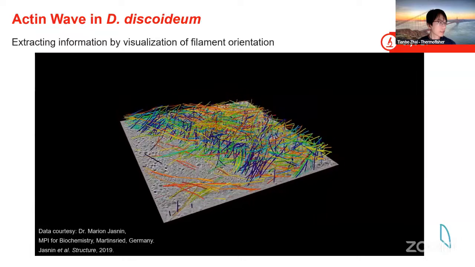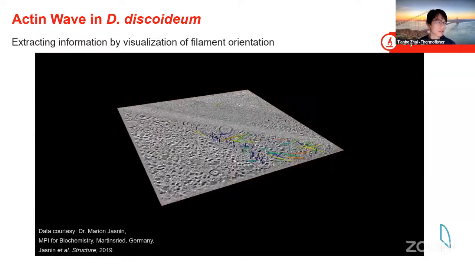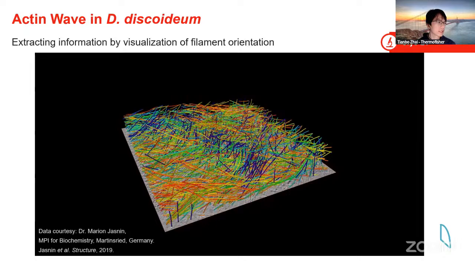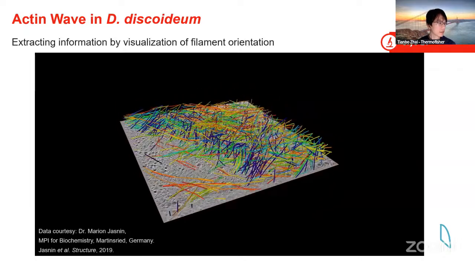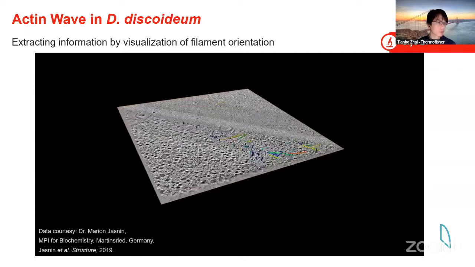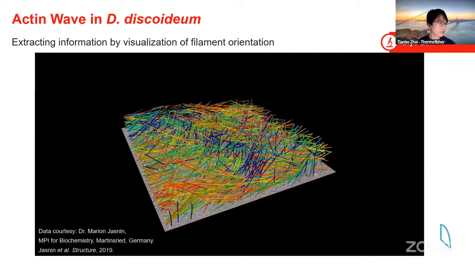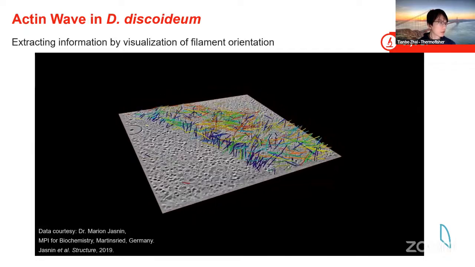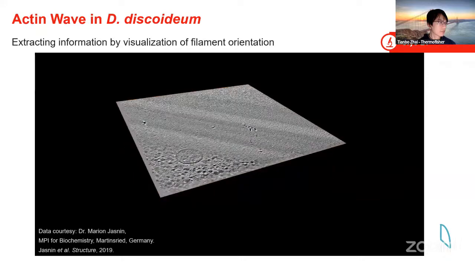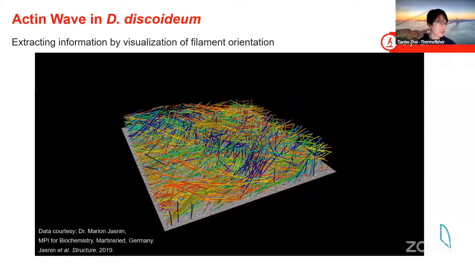As the color is trying to indicate here, different angles are assigned different colors. Those more towards blue or even darker colors are the so-called actin filaments that we're trying to identify.